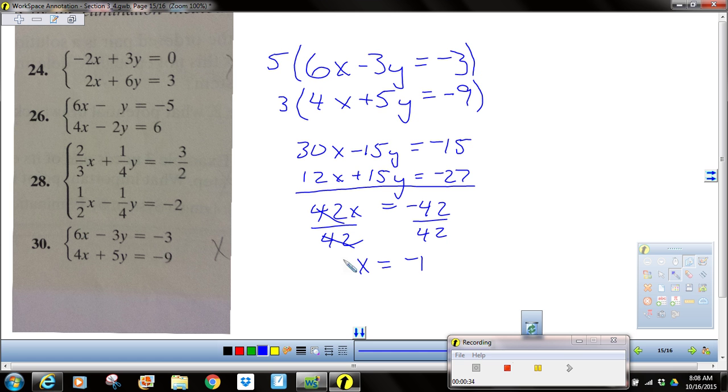X is negative 1. Now I could take this negative 1 and plug it in for x in this equation or the top two equations, any equation I want, because I don't necessarily have one that says y equals whatever for me to plug that into. So I'm going to choose this one right here. I like it because it doesn't have any negatives on the x or y's. Even though I'm going to have a negative in here after I plug the negative 1 in, at least my y term is still positive.